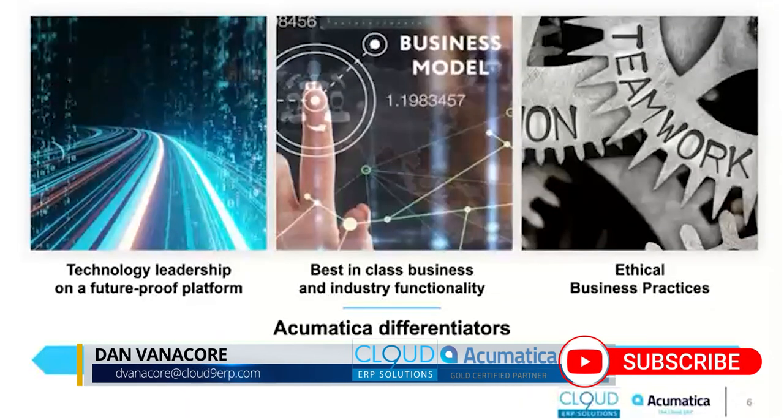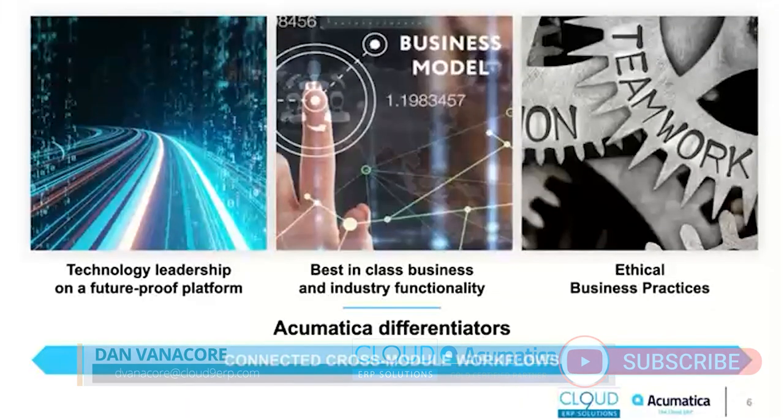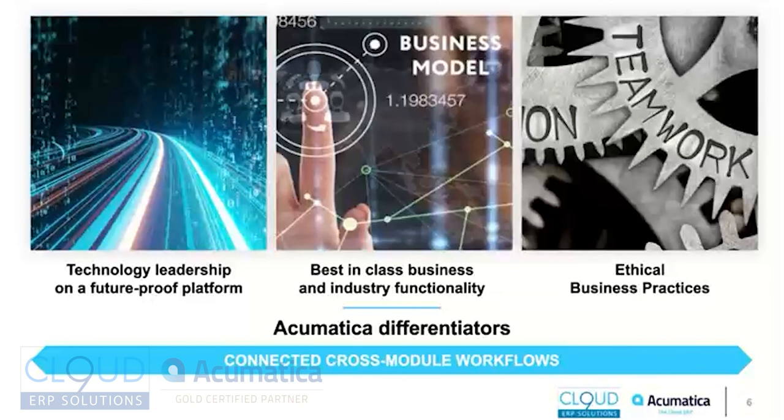And also the business model for Acumatica was to develop a future-proof platform and to provide best-in-class business functionality and to create a company where you can come to depend on ethical business practices.